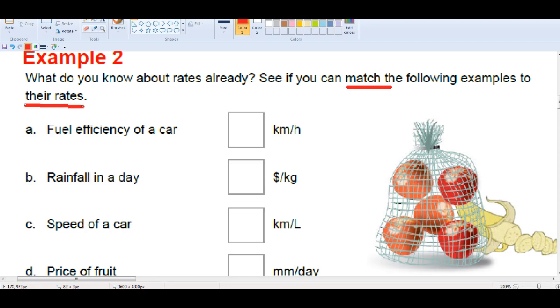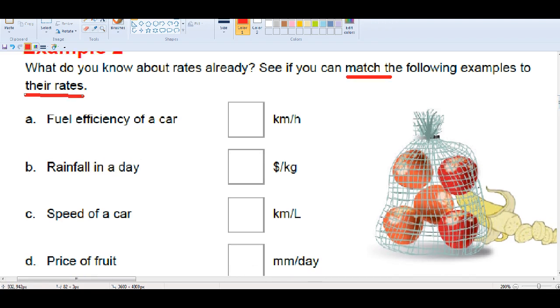Fuel efficiency of a car. Efficiency means how efficiently you could use the car to consume the fuel. When you talk about fuel, it should have units of volume. So where do you see the unit for volume? Of course here, liter.